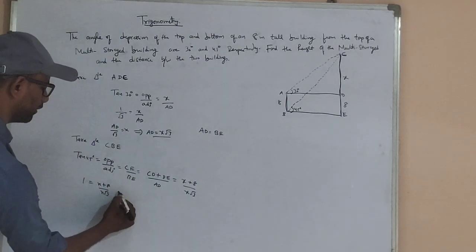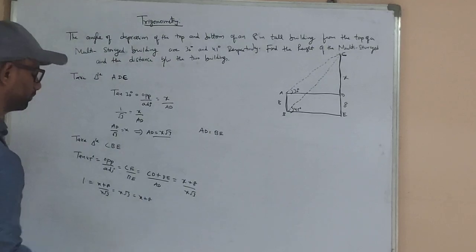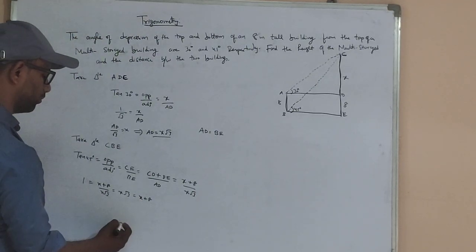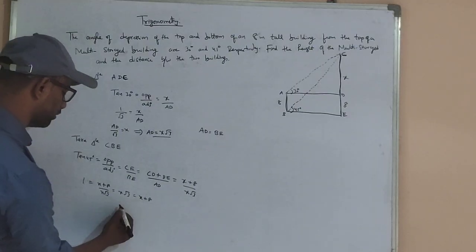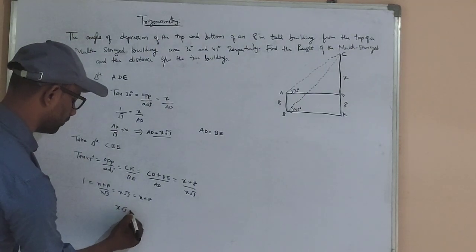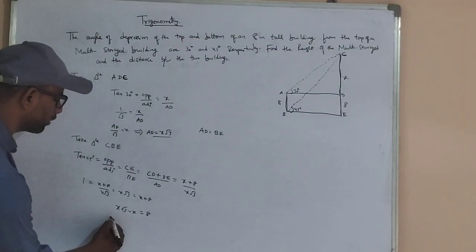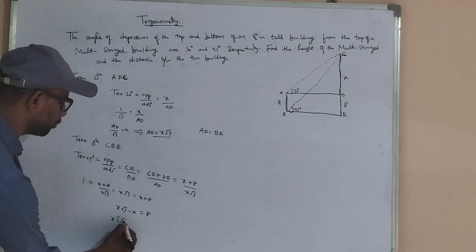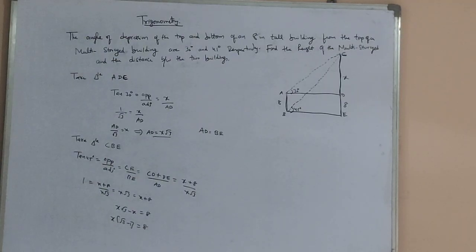On doing cross multiplication, x root 3 is equal to x plus 8. Now what we have to do here? So x root 3 minus x is equal to 8. If we take x common, we will get x times root 3 minus 1 is equal to 8. Okay, next step.